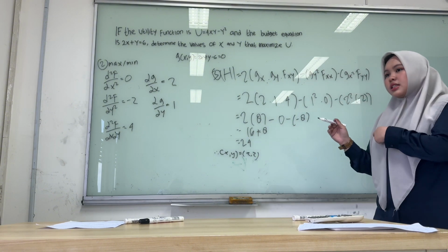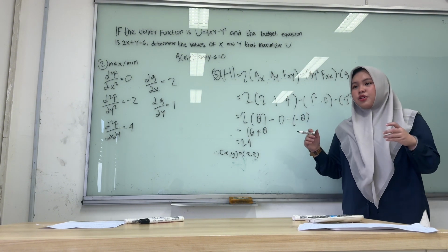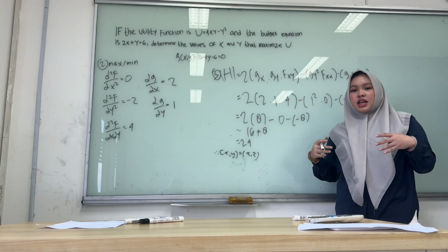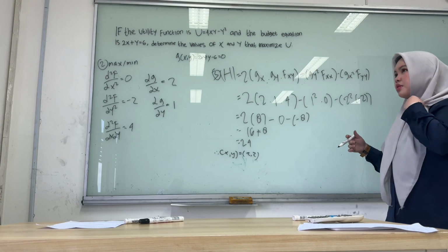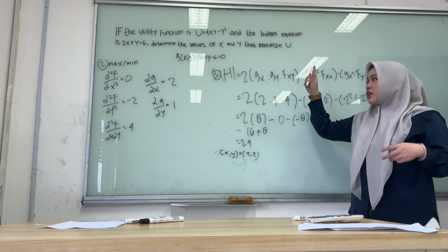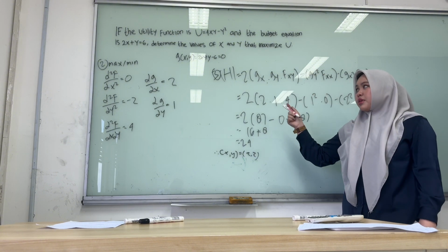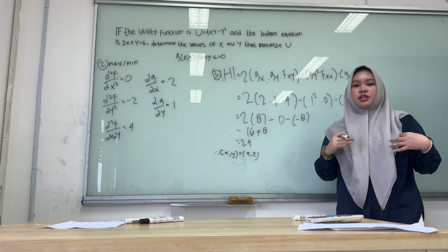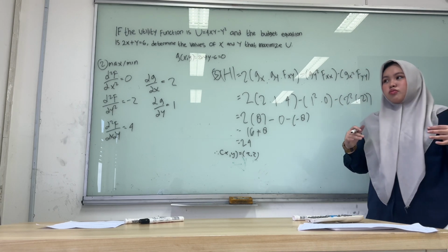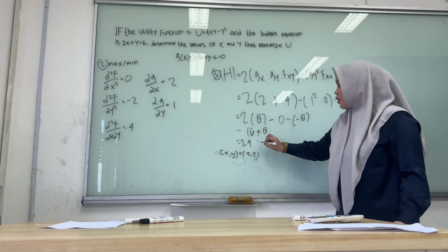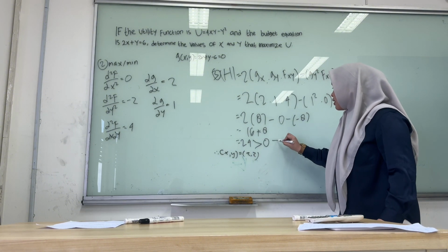So Hessian determinant, if Hessian determinant is more than 0, then the utility function is relative maximum. But if Hessian determinant is less than 0, it means relative minimum. Because this is 24, more than 0, it means maximum.